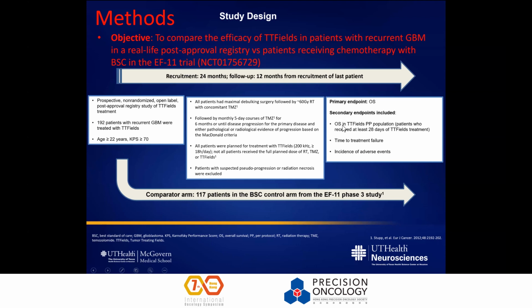Secondary endpoints are overall survival for the per-protocol population, time to treatment failure, as well as adverse events. The comparator group is the EF11 control arm, the best physician's choice group. Again, this is a reference and is not part of the trial.